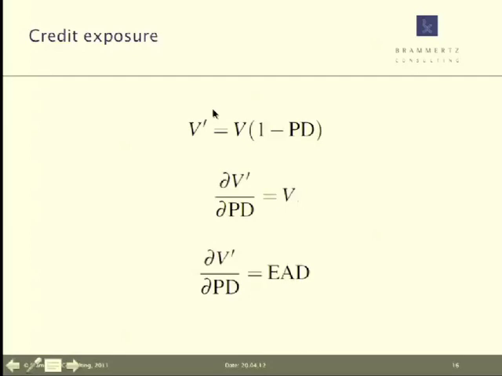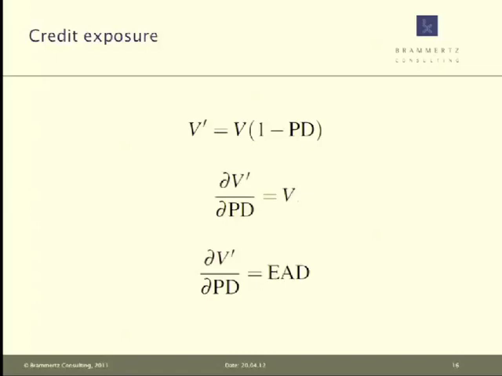Impaired value means the value minus what you expect to lose. Impairment is the loss, the PD, so it's 1 minus PD. PD is the probability of default. So if you have a 5% probability of default, the impaired value is 95 and not 100, if the simple value is 100.